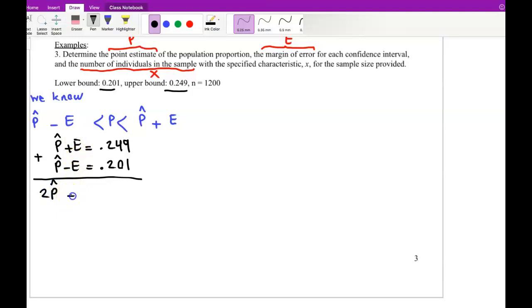Here 0.249 plus 0.201 is equal to 0.45 or 0.450. Then divide by 2 both sides. P hat is equal to 0.225.